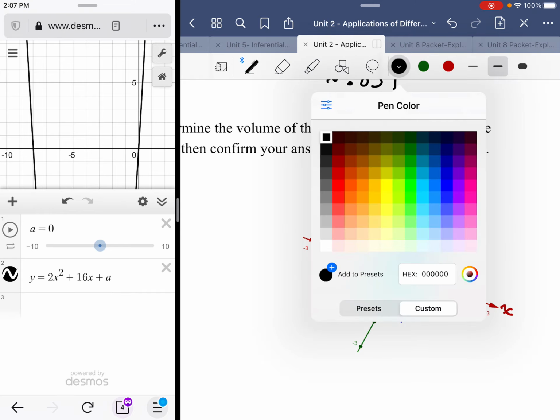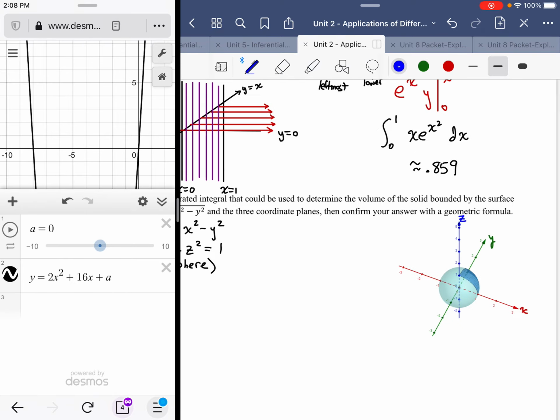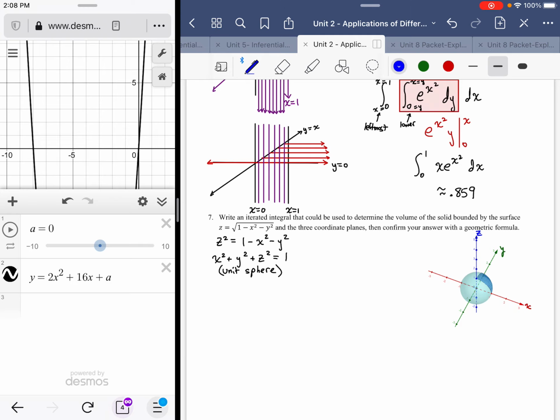That's neither here nor there, because whether it's the x or the y-axis in the horizontal plane, it really doesn't make a difference, because it's still going to be bounded in a single octant. Anyway, 4/3 pi times the radius cubed, radius being 1, 4/3 pi would be the volume of the whole thing. Divide that by 8 and you would have it.